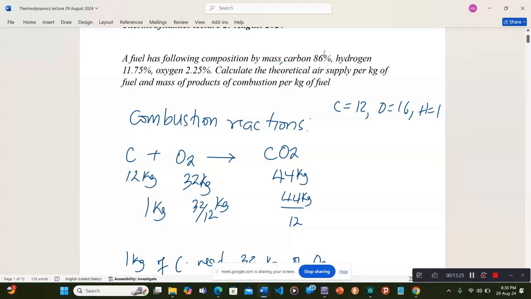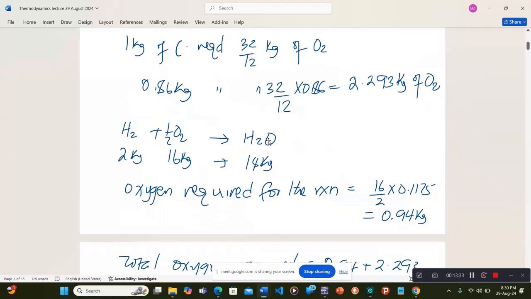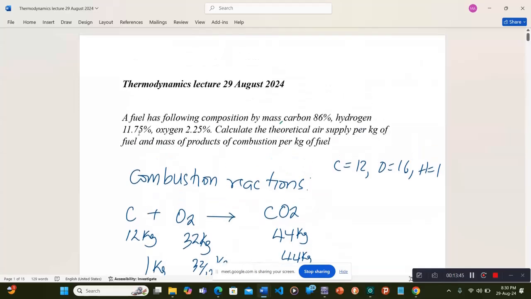Then we add another product, which is vapor. How much vapor was produced per kilogram of hydrogen? This will be 18 divided by 2, again times 0.1175.